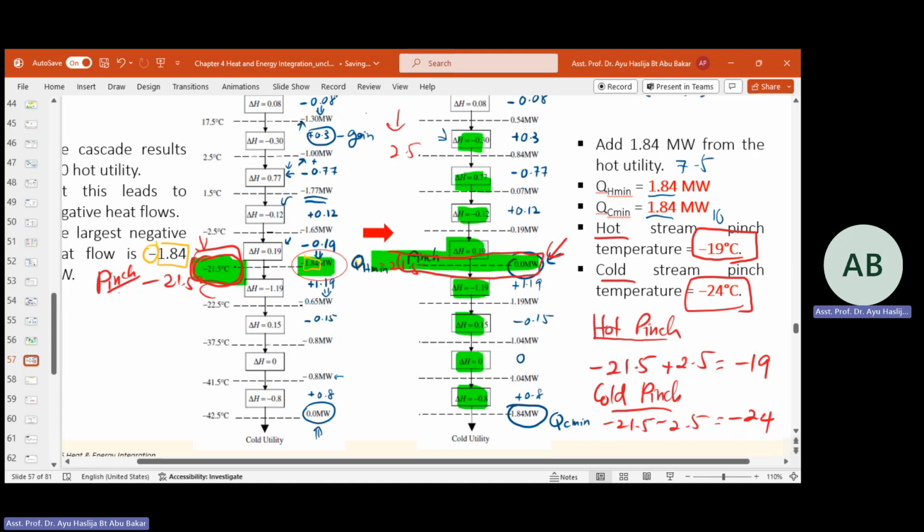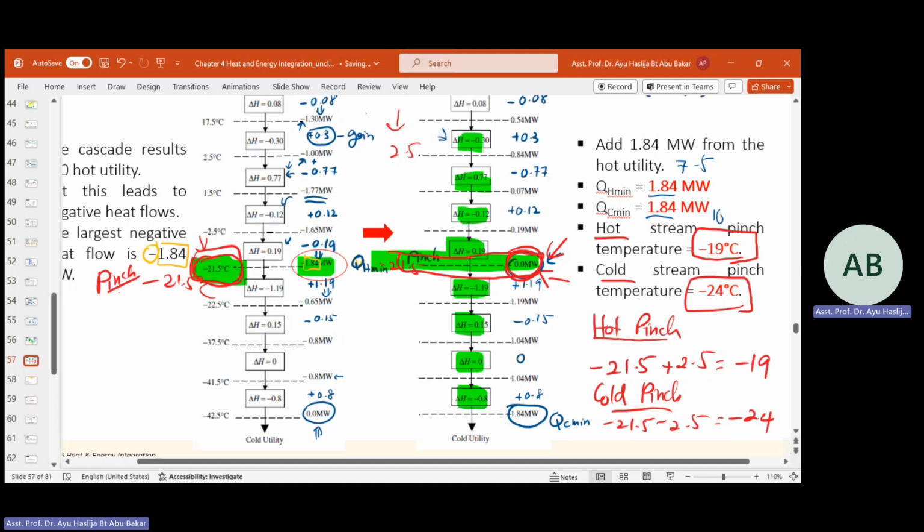Again I summarize. Heat cascade, the first cascade is to find your QH min. Once you get your QH min, move over to the second cascade to find your pinch point. How to determine your pinch point? Until the accumulation of the heat over here equals 0.